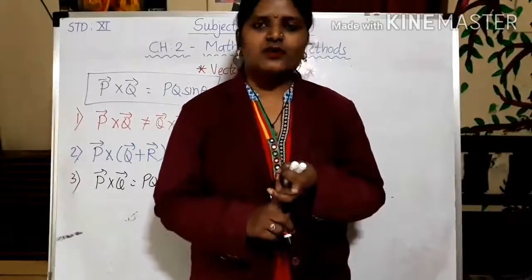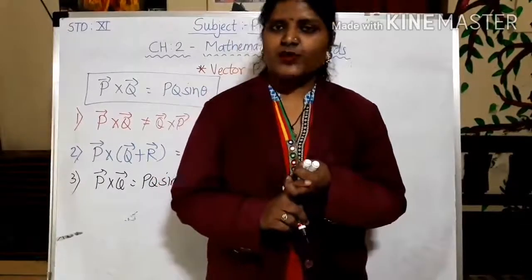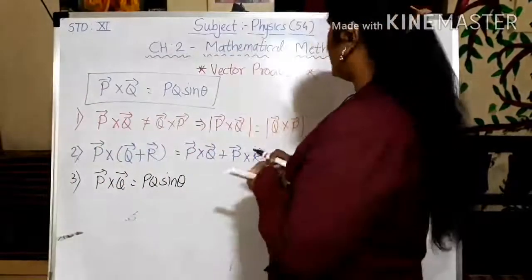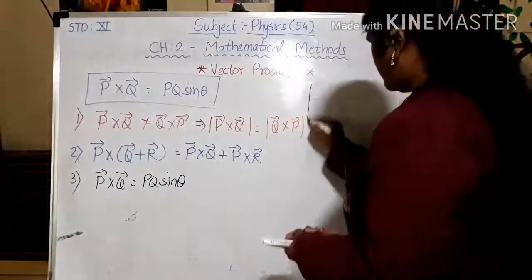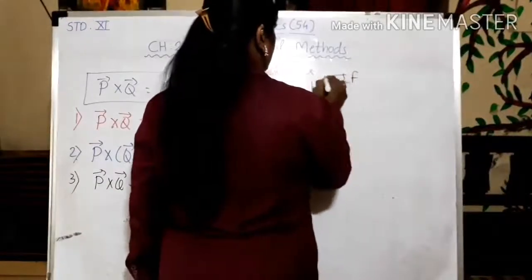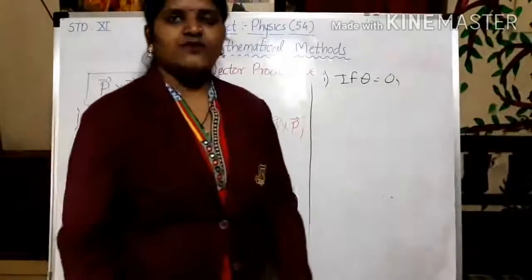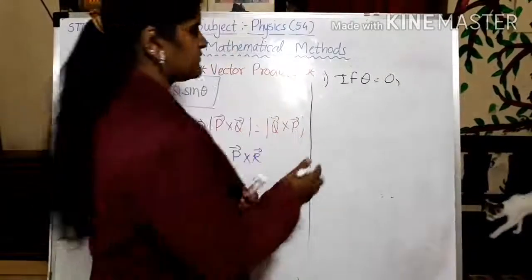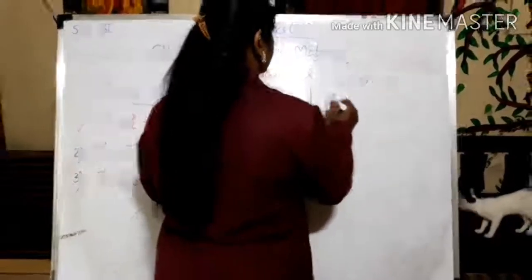We are going to consider all three cases and see what happens. The very first condition: if theta is 0, what is sin 0? Sin 0 is 0 itself. So what will we get?